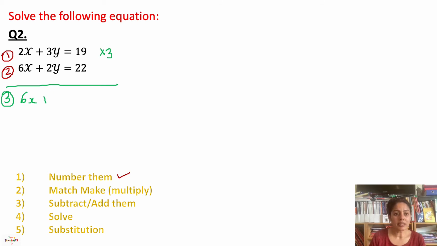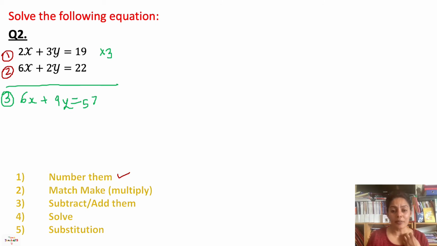So plus, let's change everything else. So 3 times 3 is 9, 9y equals 19 times 3. So 9 times 3 is 27. 3 times 1 is 3, 4, 5. So that's 57. Okay.